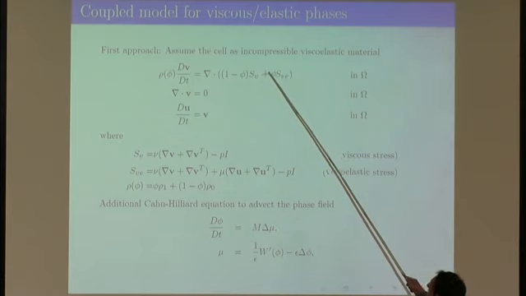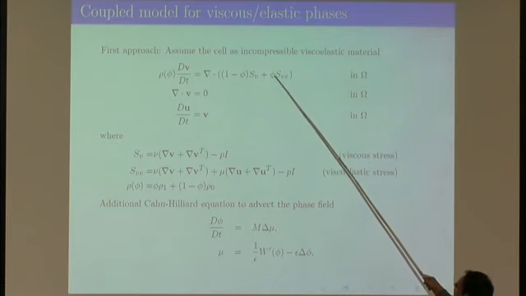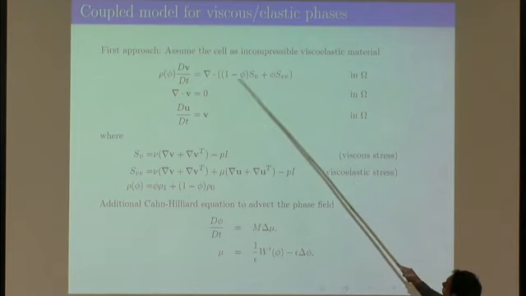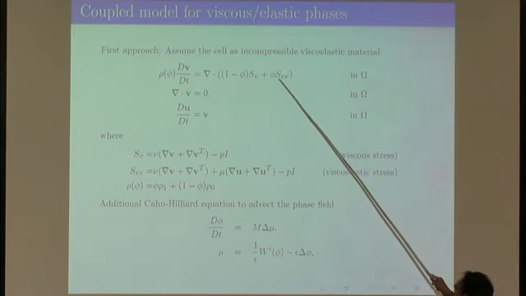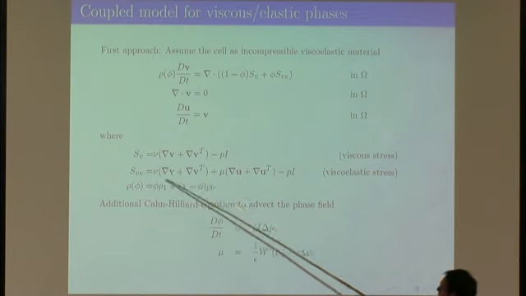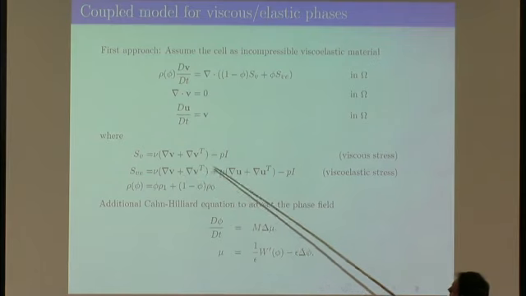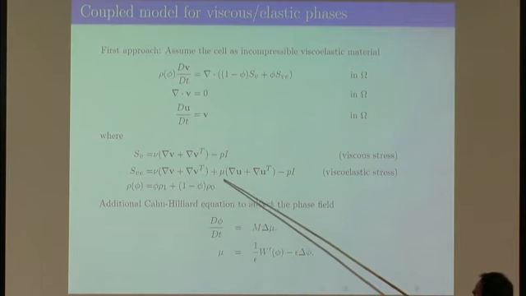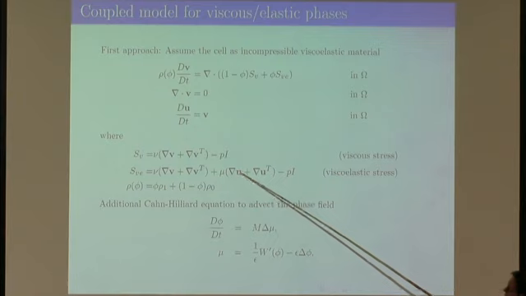Inside of the cell, where phi is equal to 1, the viscous stress cancels out, and we have only this viscoelastic part of the stress, which is basically a viscous part and an elastic part, where mu is a shear modulus and u is a displacement field now.